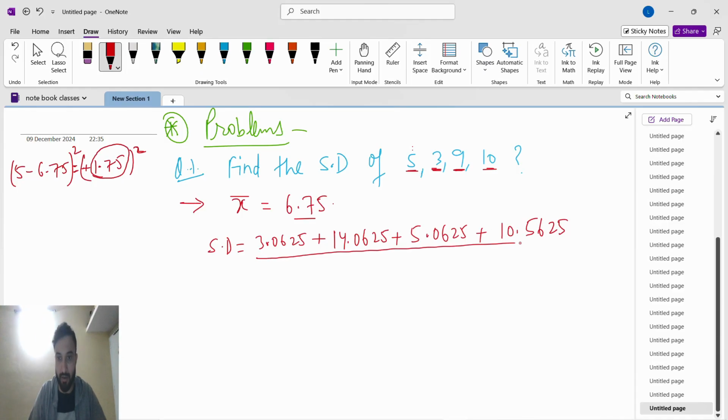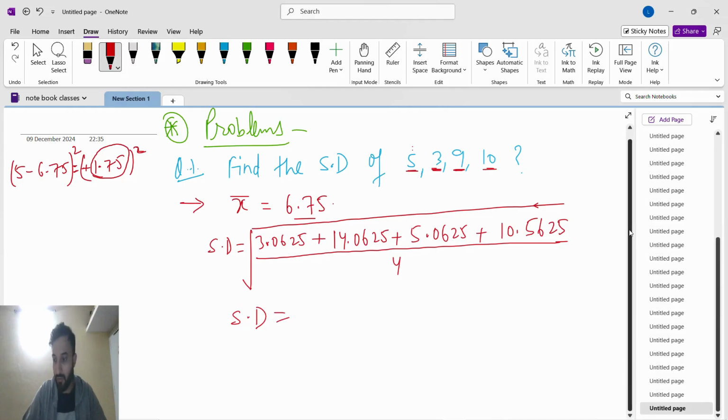So divided by n. N is 1, 2, 3, 4. N is 4, and then whole square root. So guys, now no need of writing the next step. Just add these values.